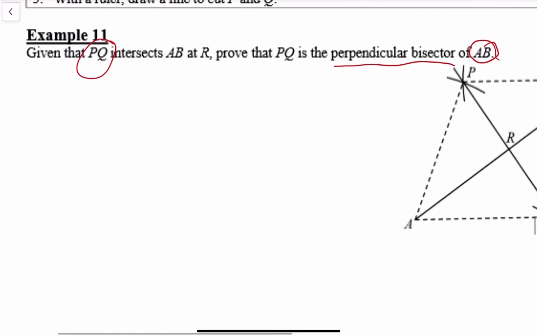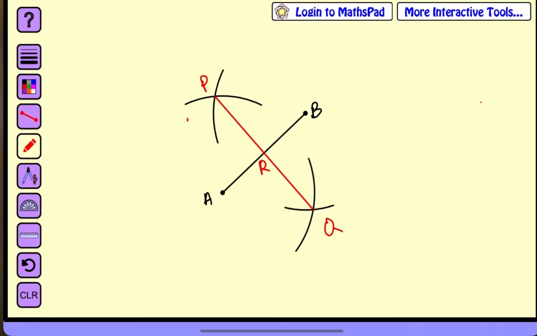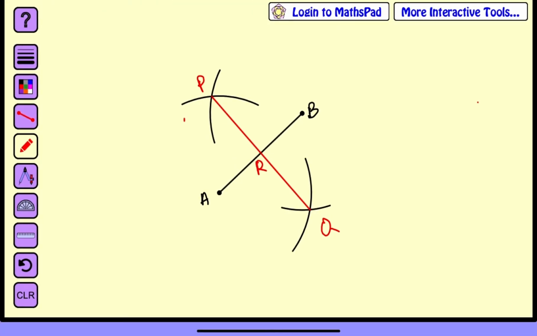Looking at this, if I want to find out whether they are congruent to each other, first I need to look at the way that I constructed it. Remember, I mentioned in the previous video on the use of radius. Can you see that AP is going to be exactly the same length as BP?